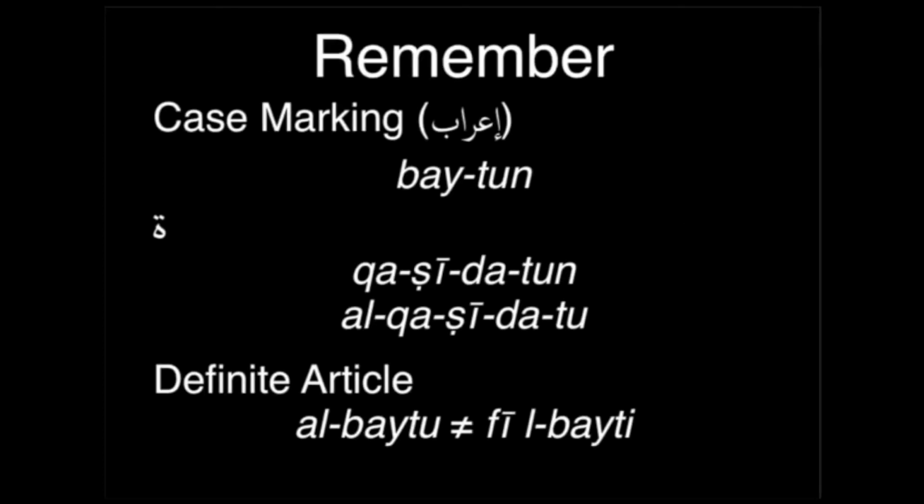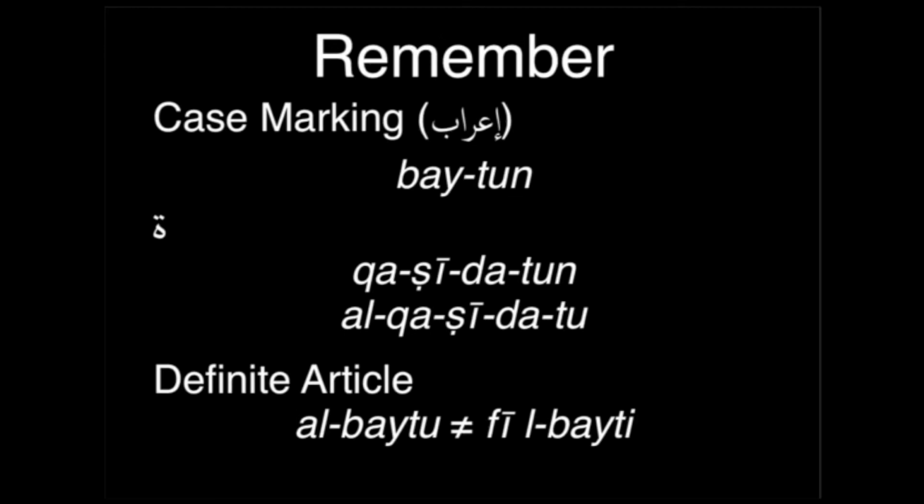Also, please remember that we're talking about classical Arabic here, so you always have to take into account case marking. Case marking gives you an extra syllable at the end of a word, even though it might not always be written, so you need to take that into account. That's, of course, the case as well with ta marbuta. So, for example, the word is qasidatun.